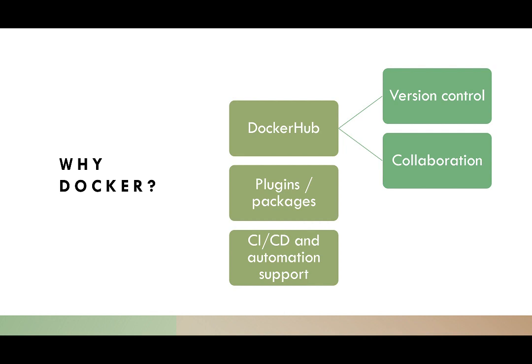On top of that, it also handles version control for us for the images and lets you manage them and the containers that you run on servers directly from the hub, which is very handy. As well as the Docker Hub, Docker is very popular and has a ton of plugins and supporting packages. We're going to be using some of them today, like I mentioned earlier, Docker Compose, as well as Container.io and some others.